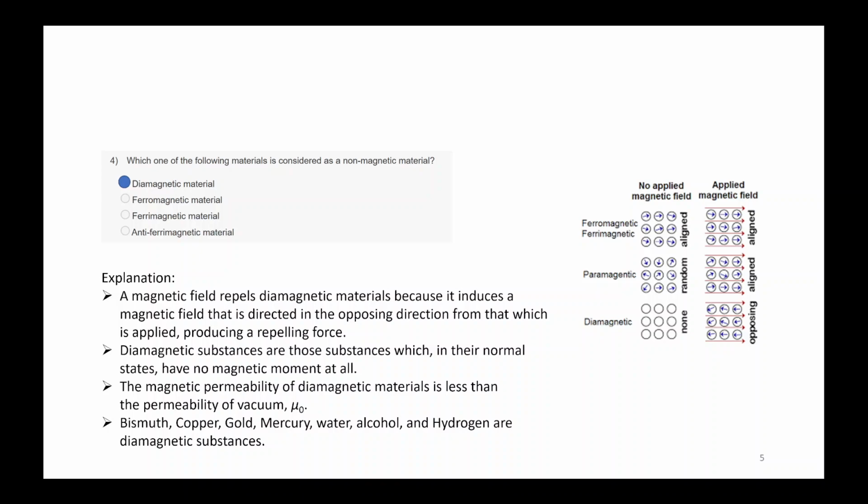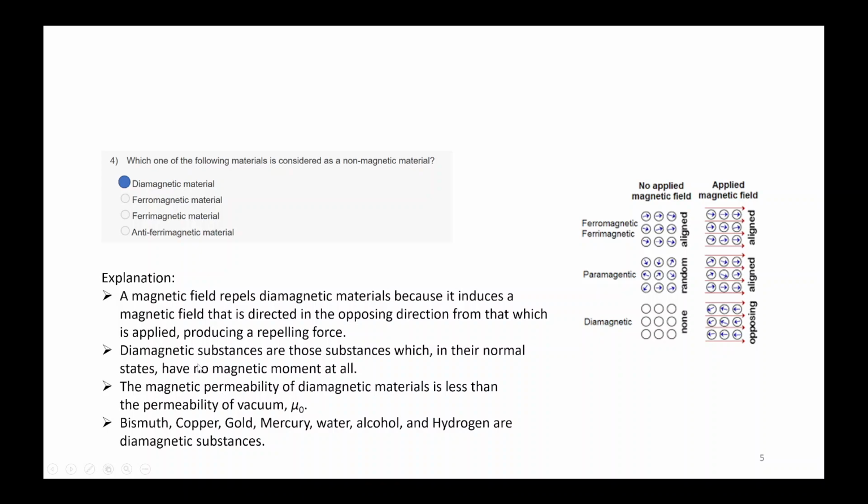We can explain this by saying that a magnetic field repels diamagnetic materials because it induces a magnetic field that is directed in the opposing direction from that which is applied, producing a repelling force. In case of diamagnetic material, as it is showing here, when we are applying no magnetic field, these diamagnetic moments are not aligned, but when we apply a magnetic field, it aligns itself in the opposing direction.